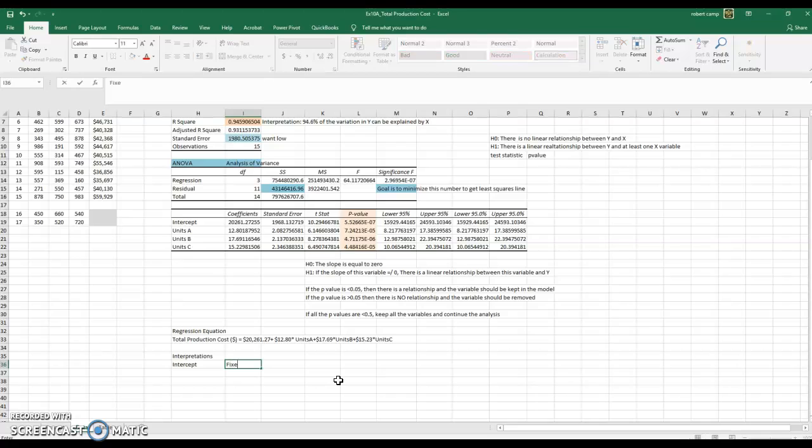Now this is not always the case with the regression. Sometimes the intercept is just the intercept, it doesn't mean anything, but in this case it does. The intercept will be our fixed cost.